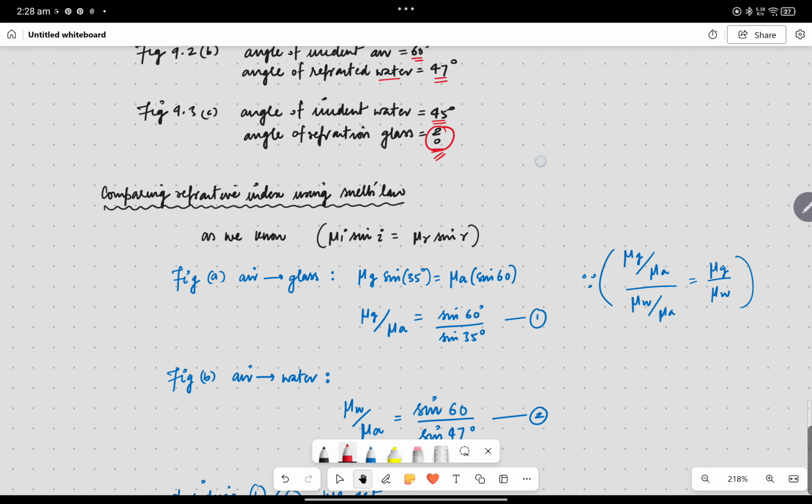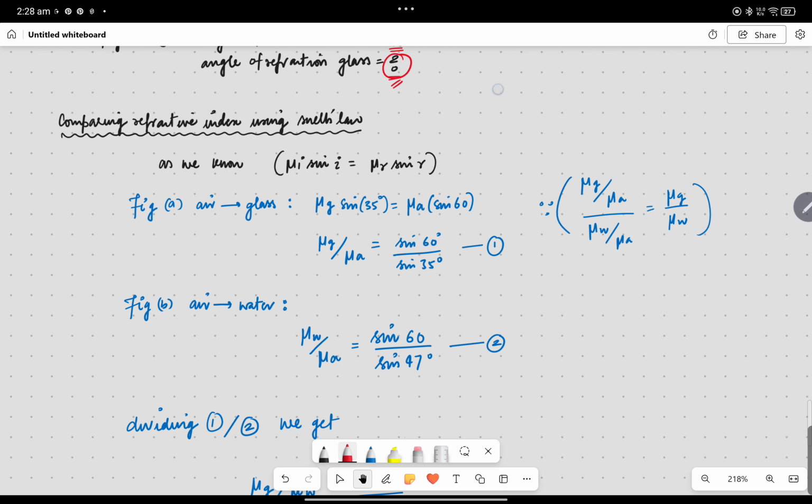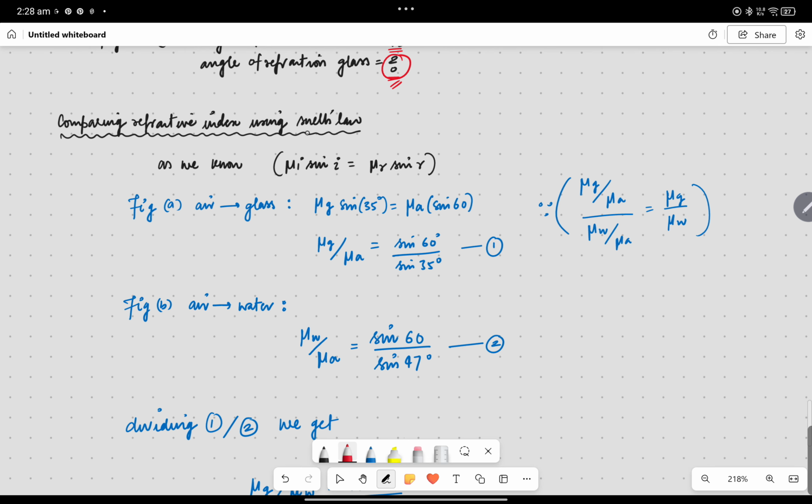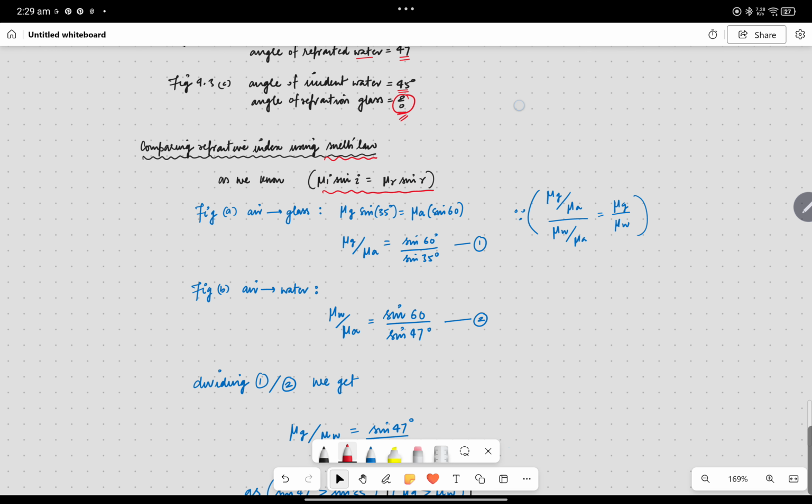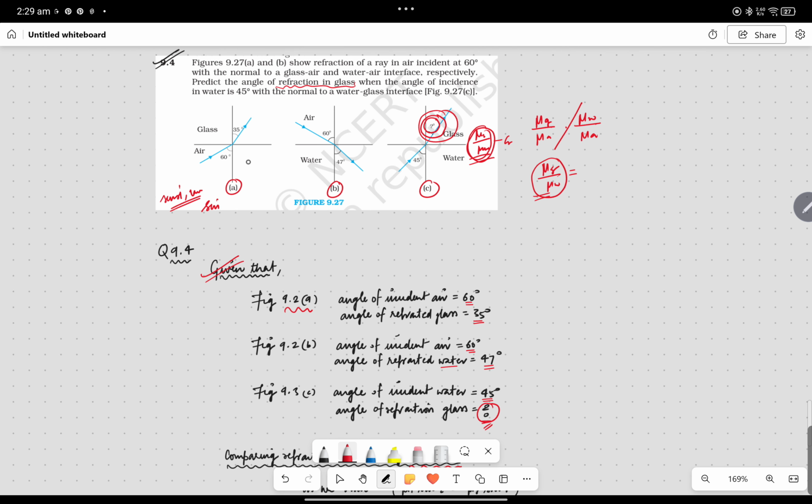Now comparing refractive index using Snell's law, that is the concept used here: mu i sin i is equal to mu r sin r, right? Here mu i is mu air, the refractive index of air, sin i is this incident angle, and mu r is glass where refraction is happening, and r is the refracted angle.